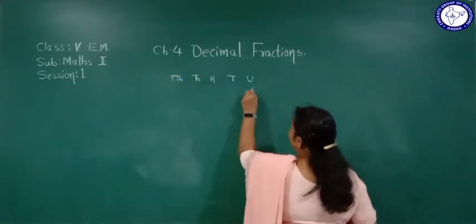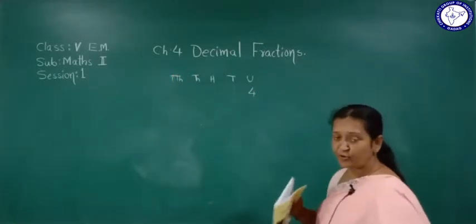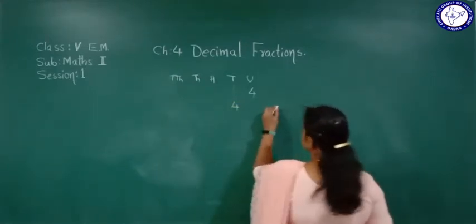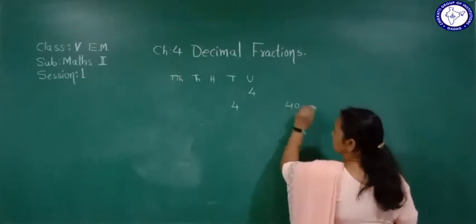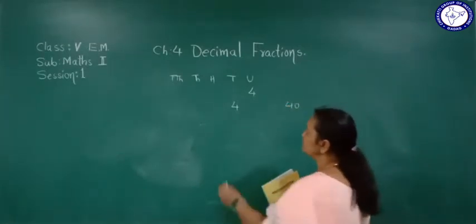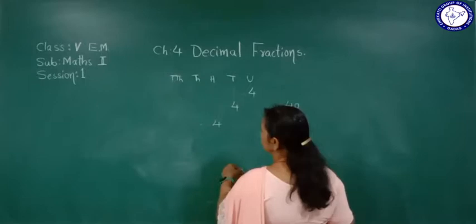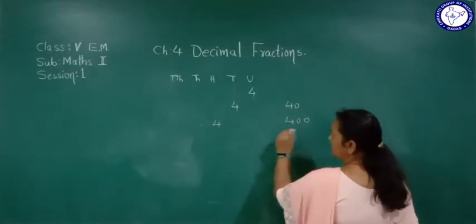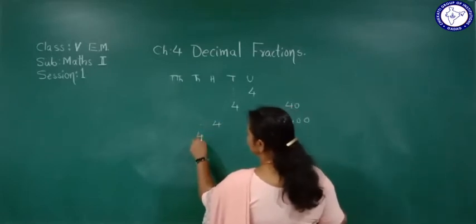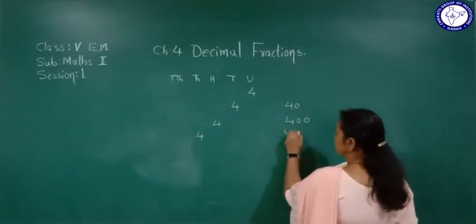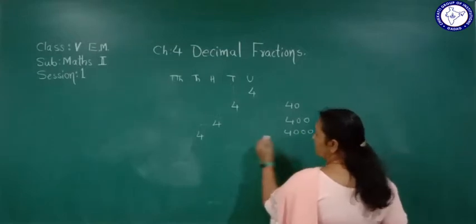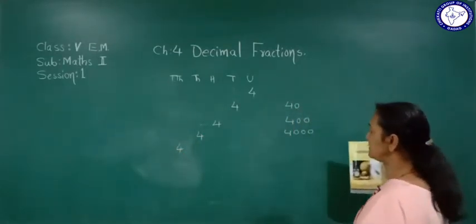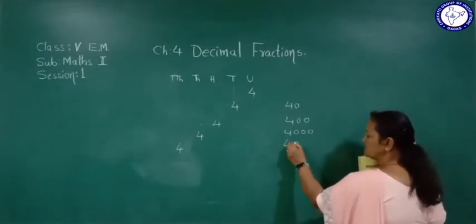If I am writing 4 here, its value is 4 only. But if I am writing this 4 in tens place, then its place value is 40. If this 4 is in 100th place, its place value is 400. If this 4 is in 1000th place, its place value is 4000. If this 4 is in 10,000 place, then its place value is 40,000.